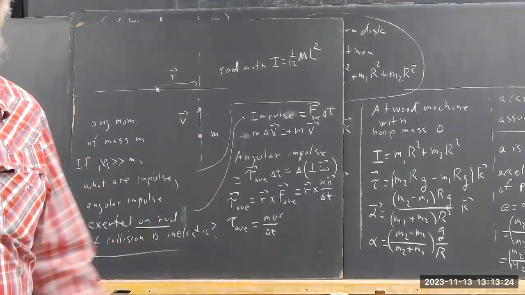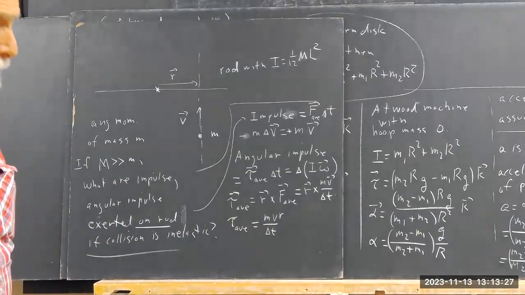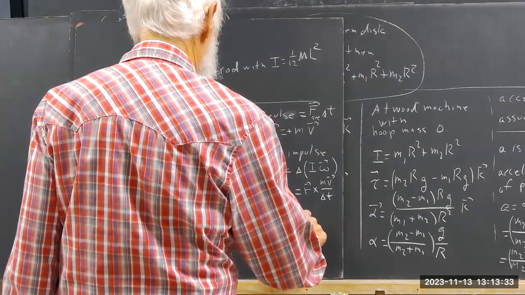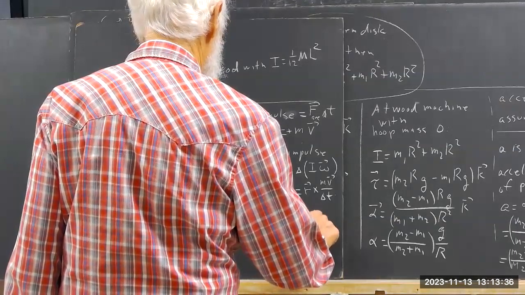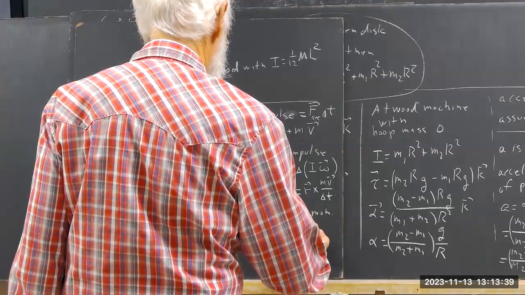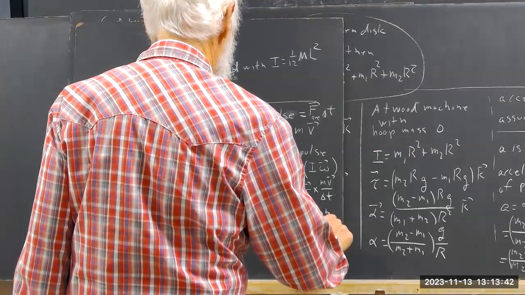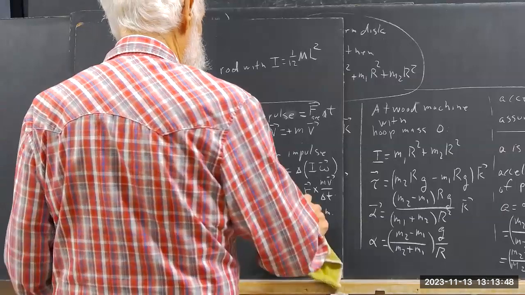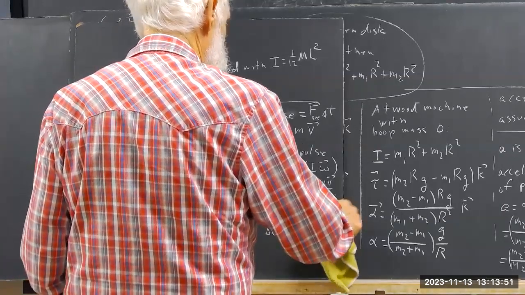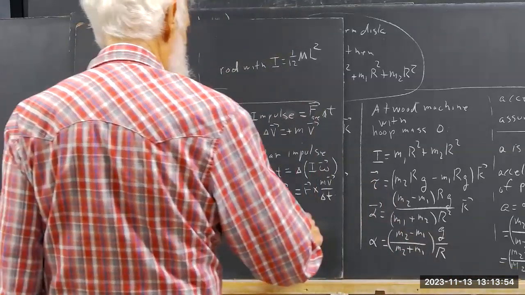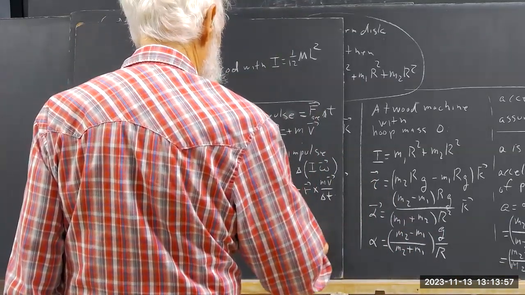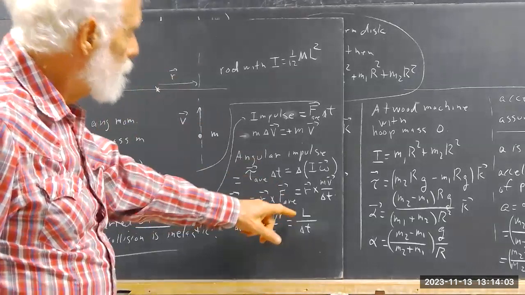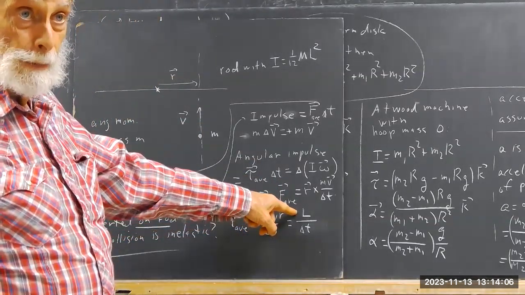It's the magnitude of the angular momentum. If you use L to symbolize your angular momentum, it's L over delta T.